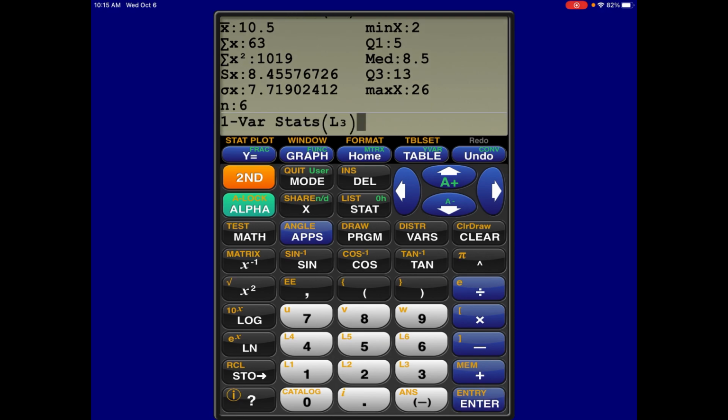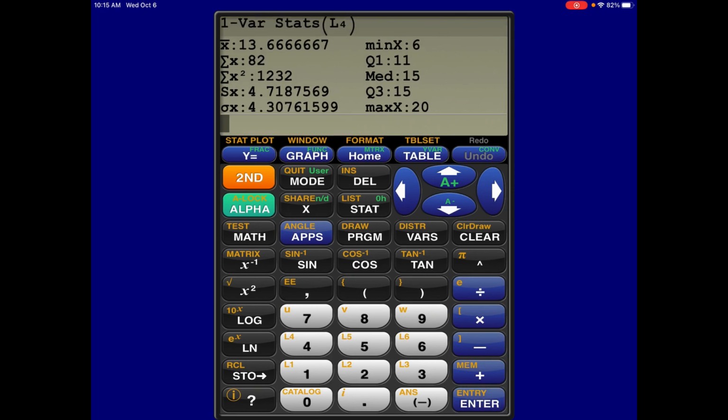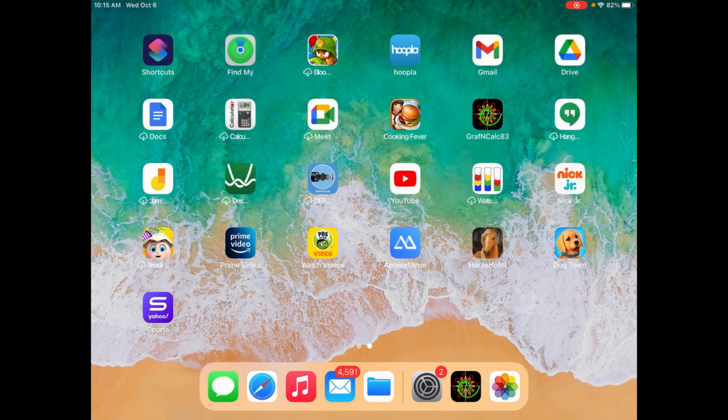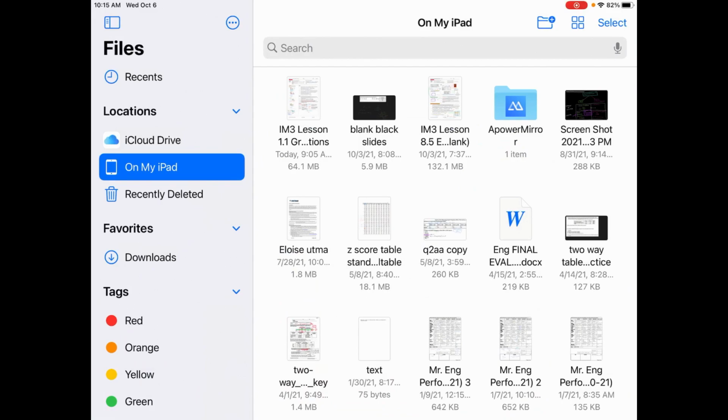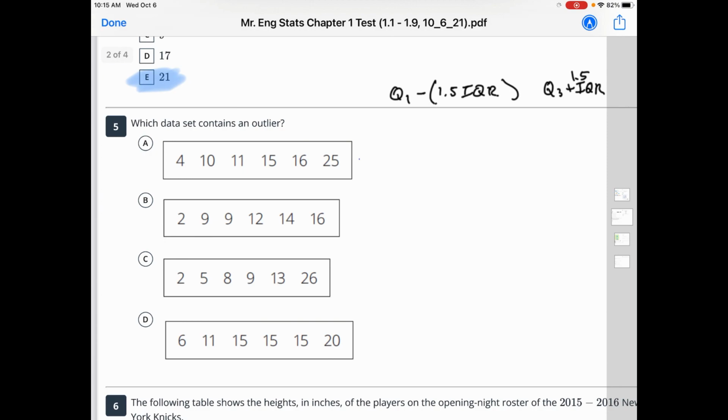And then second entry, I'm going to press second 4. Go back to my notes. Okay, so now I'll just write it in.